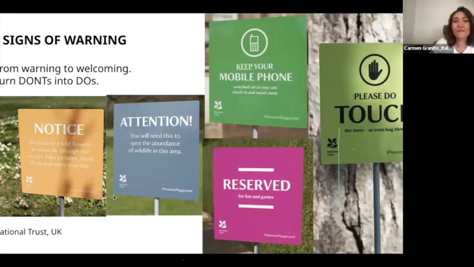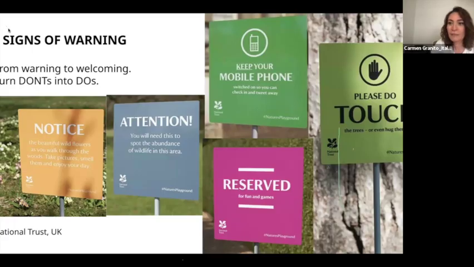Now, these warning signs are also something that you can play with. This is the National Trust series of warning signs, and they have played with the idea of attention signs, notice signs, don't touch signs. They have turned them into something positive.